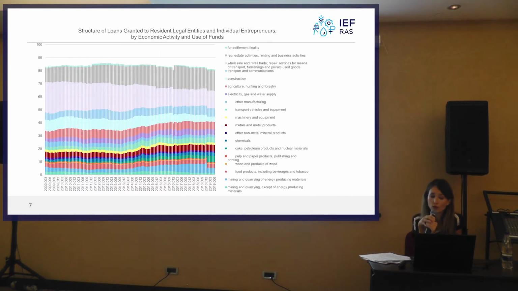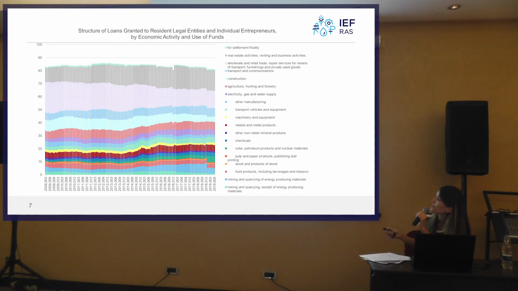Here's the structure of banking credits to residents, and one could see there that the main borrowers are real estate and business activities, this is the upper one, and wholesale and retail trade. These two sectors borrow about 30% of total credits, and we see that the share of trade decreased in 2015, during the crisis of 2015.